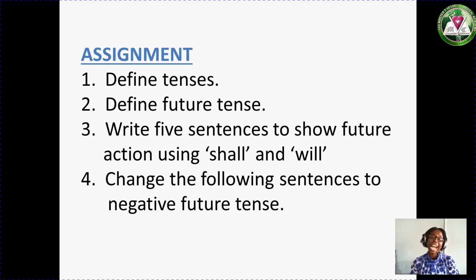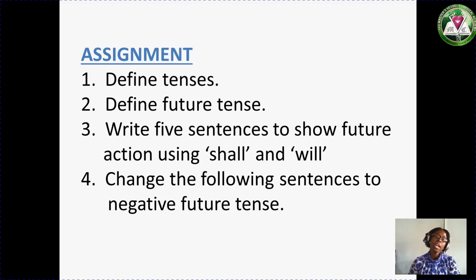Let's take our assignment now. Are you ready for my assignment? Number 1, define tenses. Number 2, define future tense.